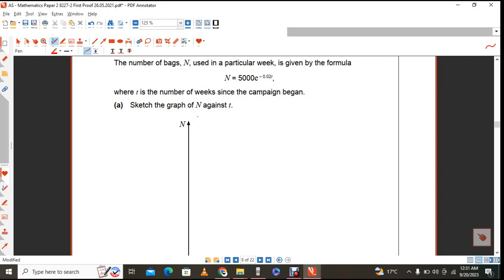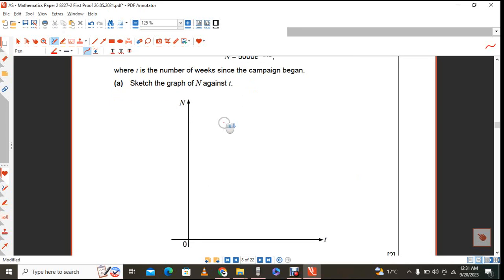So basically, I'm going to put in some intervals for myself. I'm going to say that is 1, perhaps that's 2, that's 3. Let's say we go all the way to 5.